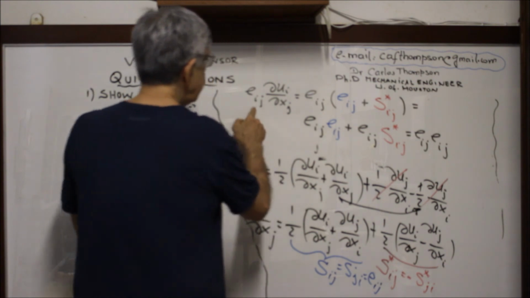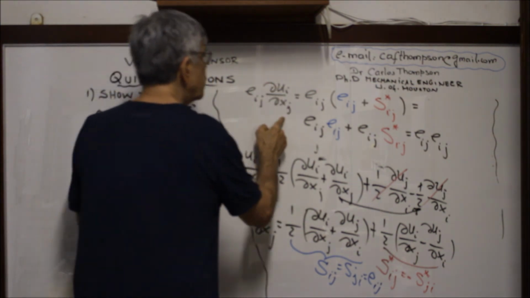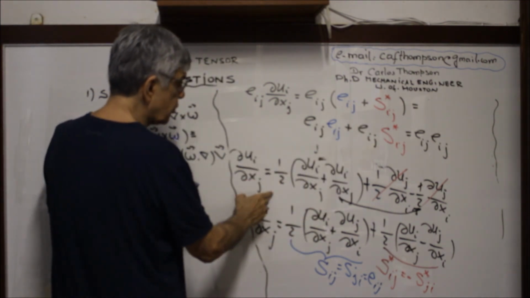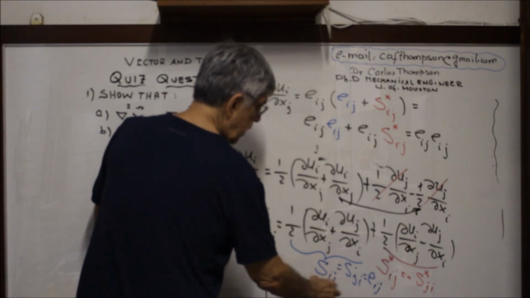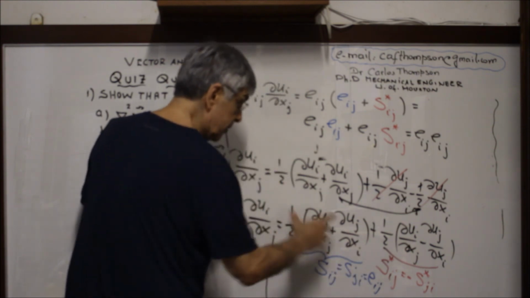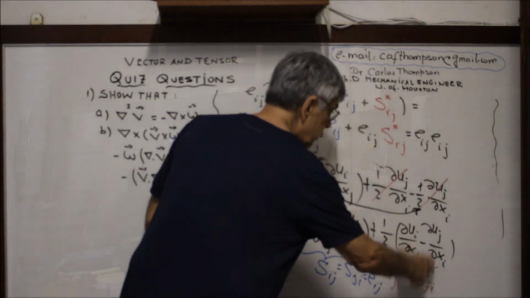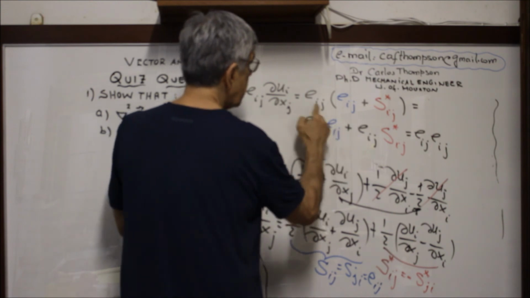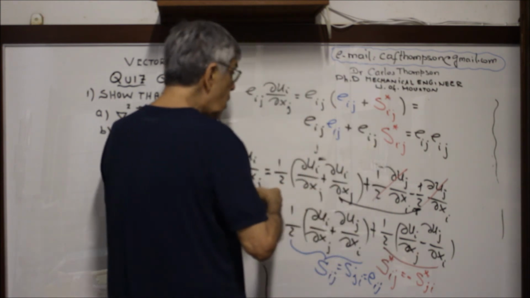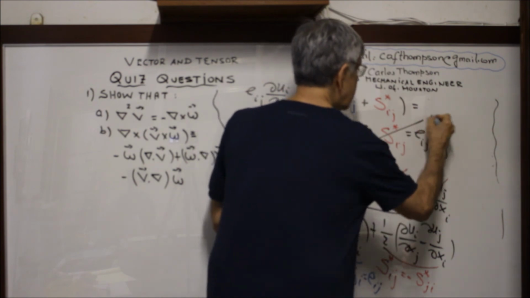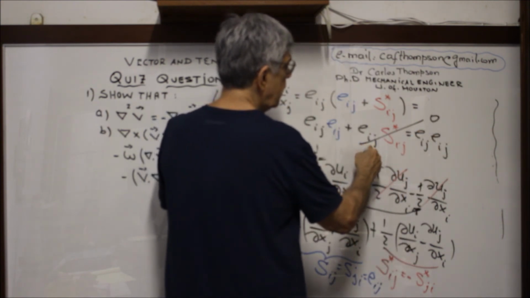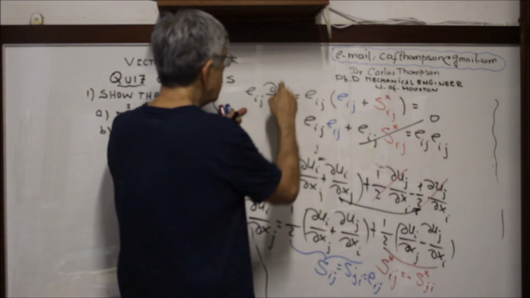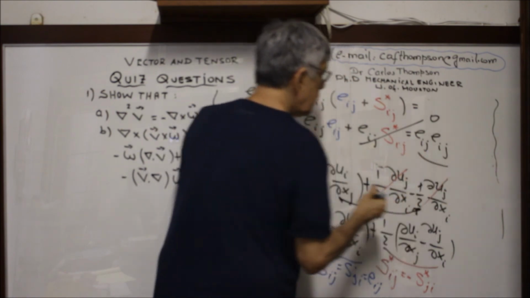Hence, Eij times the partial of ui with respect to xj is equal to the symmetric part, Eij, plus the skew-symmetric part. The blue one plus the red one. This here is 0, because symmetric times skew-symmetric is 0. Then Eij times the partial of ui with respect to xj is equal to Eij Eij.